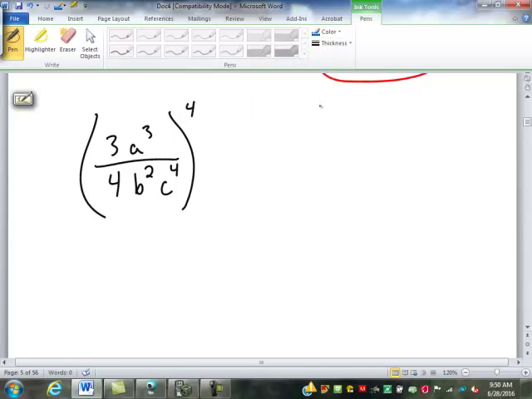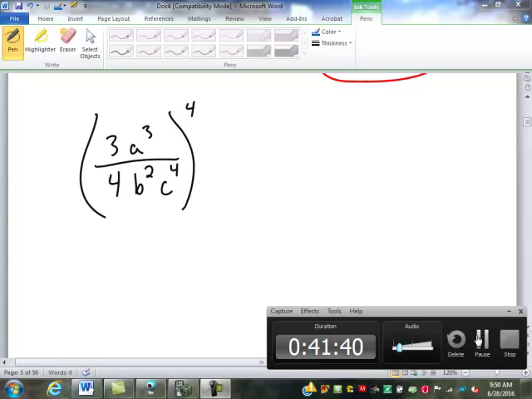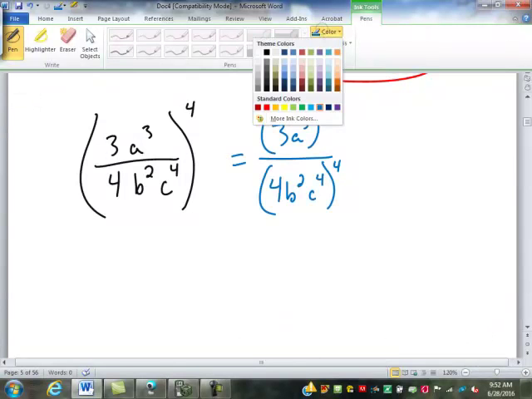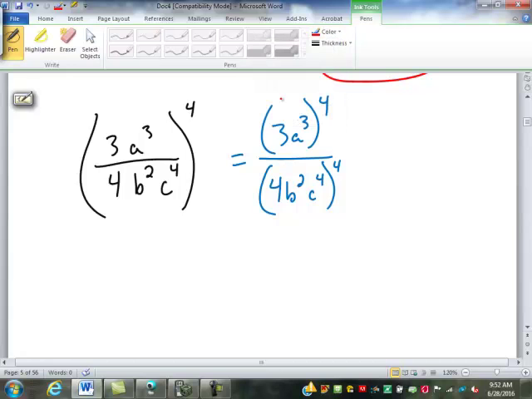Give that one a shot in your notes. Okay, so looking at this one, our first step is to separate it. So it's just the numerator to the power of 4 and just the denominator to the power of 4. Because we have this fourth power here. On top, what are we going to get?